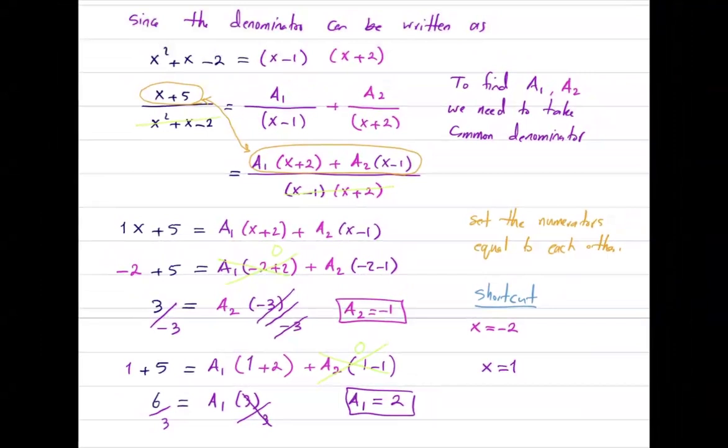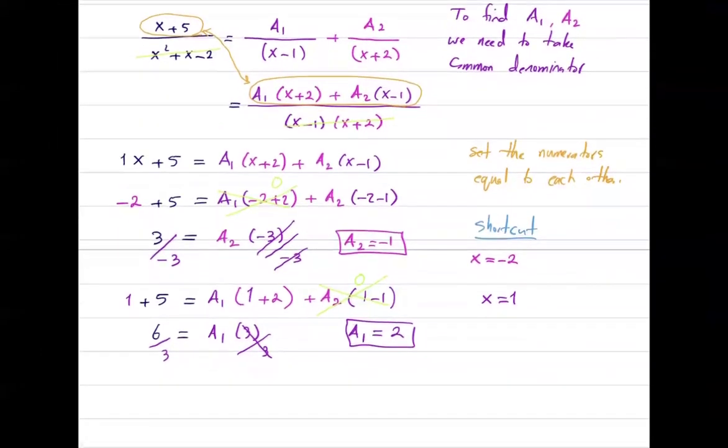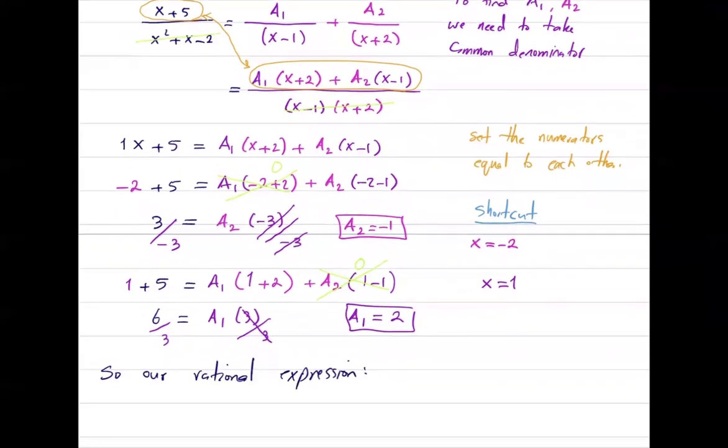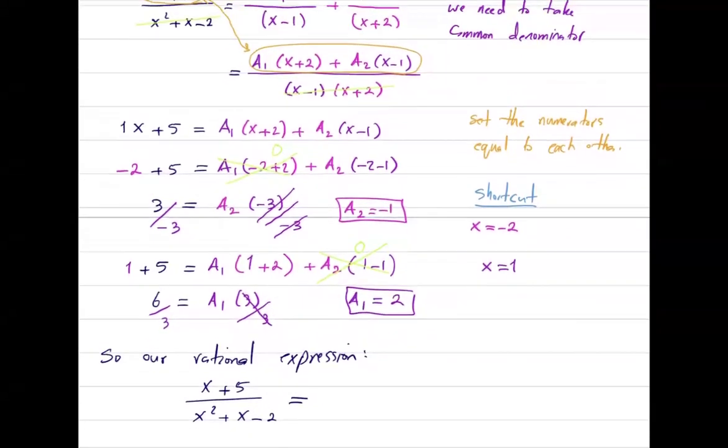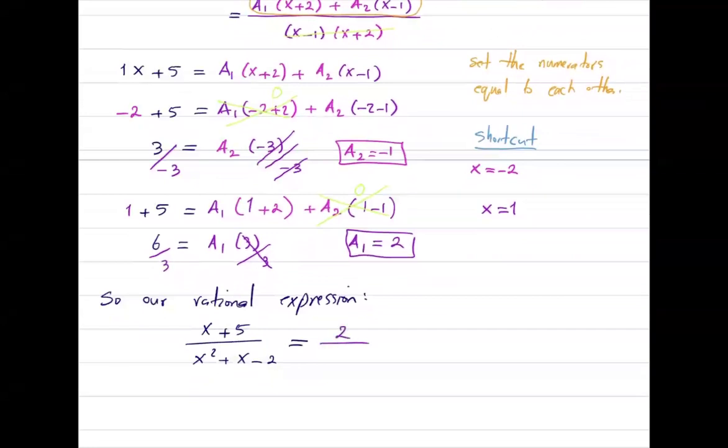So we can separate this fraction. Our rational expression x plus 5 over x squared plus x minus 2 can be written as a1, which is 2, divided by x minus 1, plus a2, which is -1, divided by x plus 2.